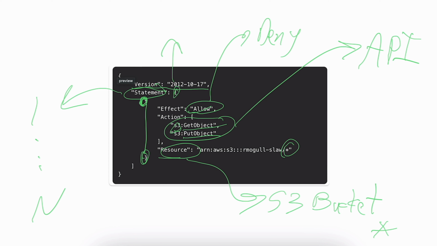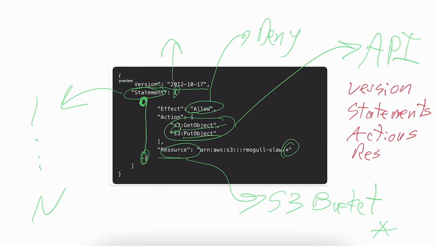Now that's it. That is the basics of every IAM policy. It's going to have those consistent elements. It's going to have a version. It's going to have statements, and it can have, again, a lot of statements in there. It's going to have the actions, which you're allowed to do, and then it's going to have the resources.